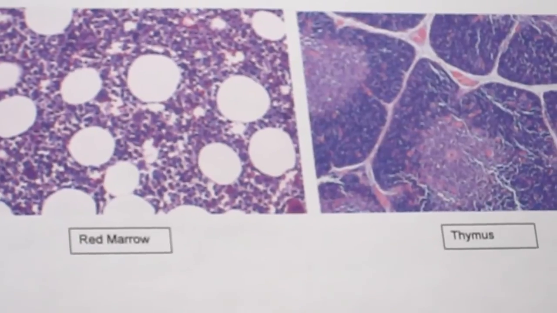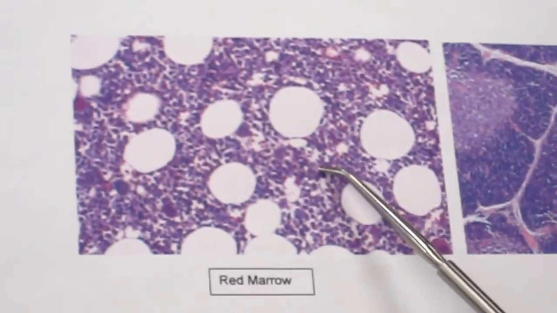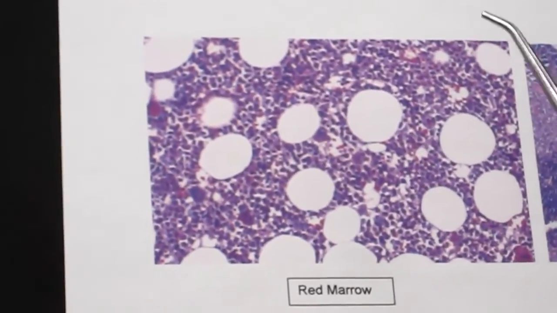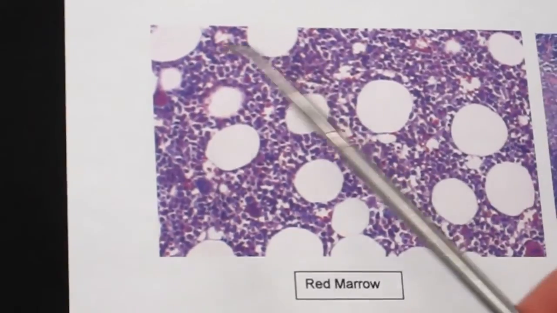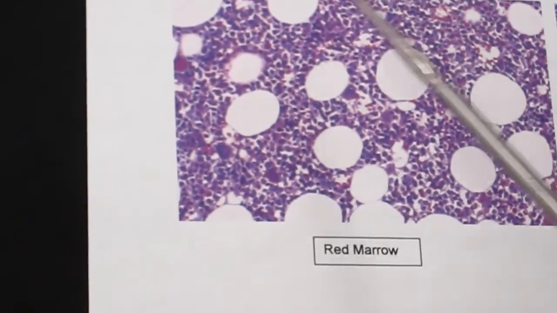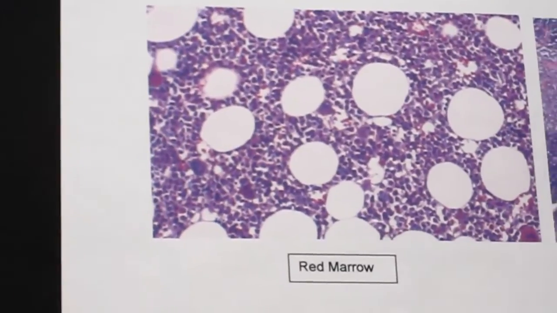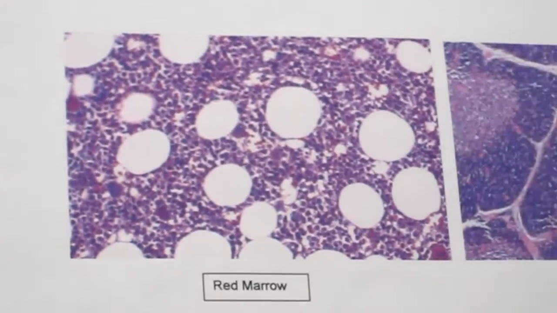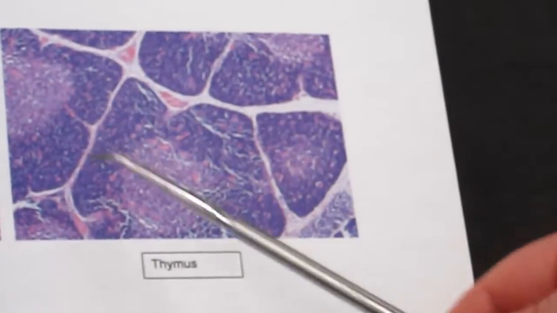Now all lymphocytes are going to be produced in the red bone marrow. Those lymphocytes that are going to become B cells will stay in the red bone marrow to do their initial training. Those lymphocytes that are going to become T cells will go to the thymus to do their training.